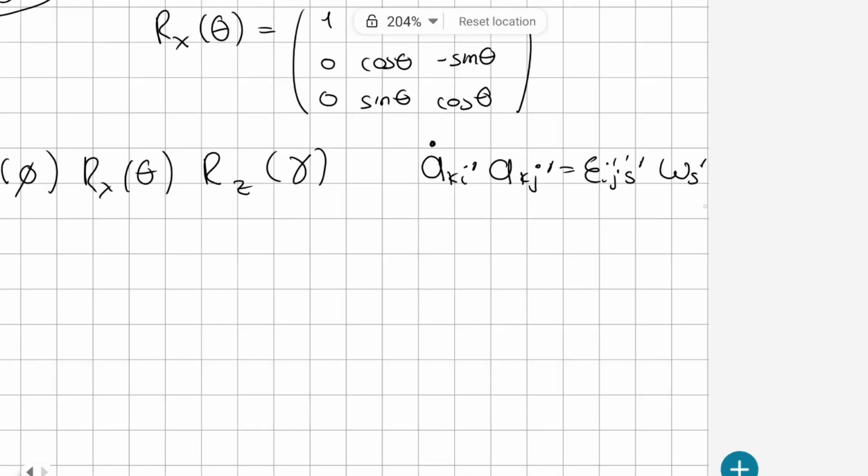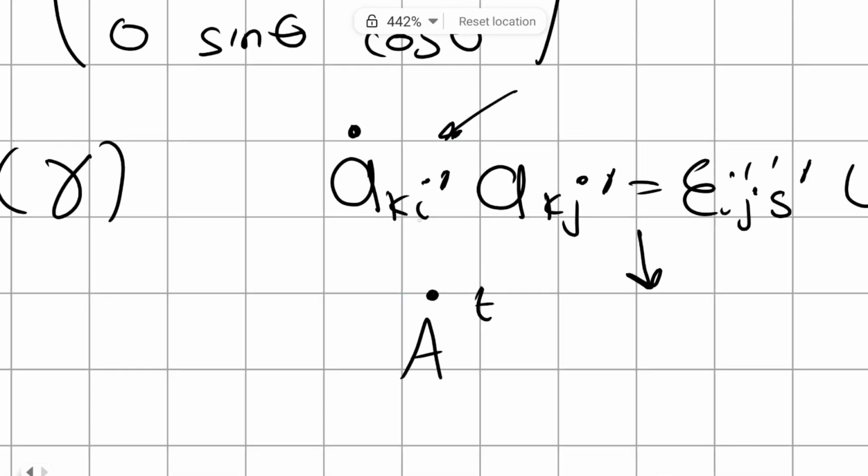If we see this equation, we can take a matrix representation of this equation given by A dot transpose, because again, this element is the transpose of this. Recall that this i is on the column position of the element. So this means that this is the transpose of this matrix.